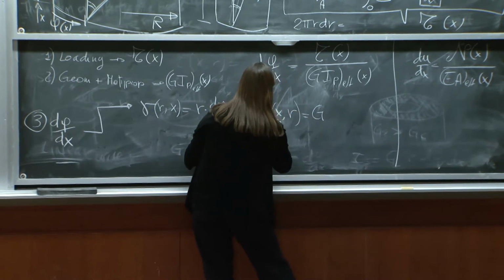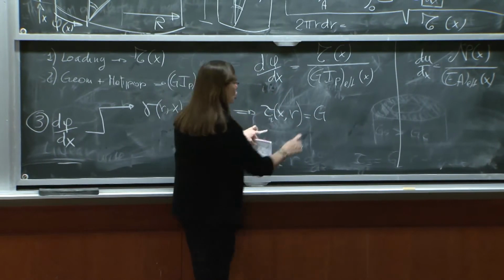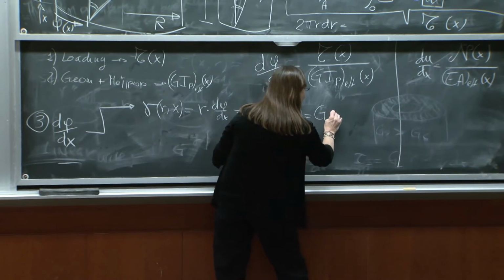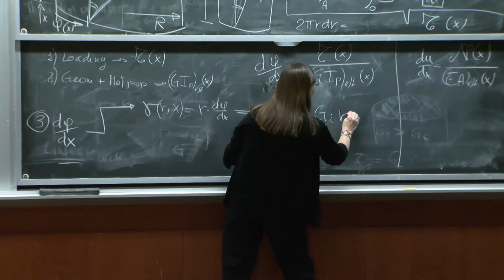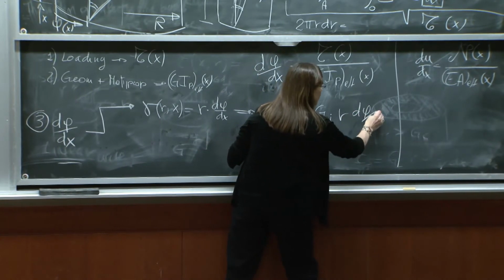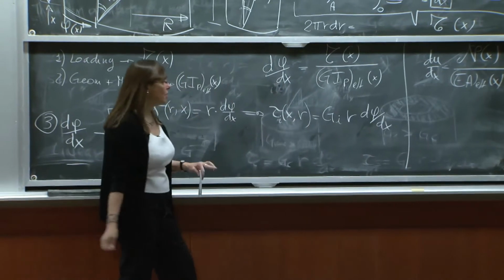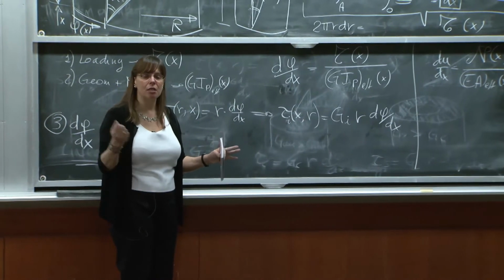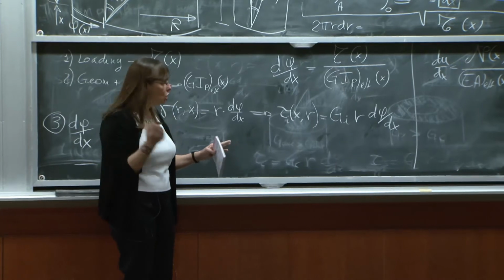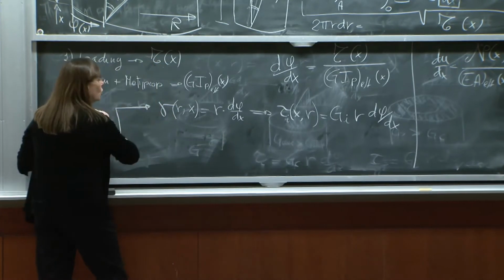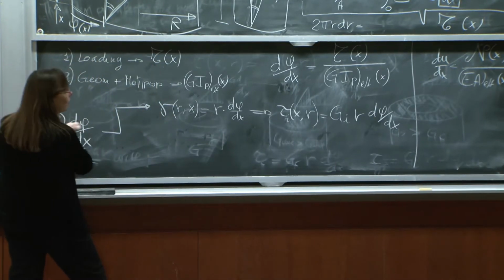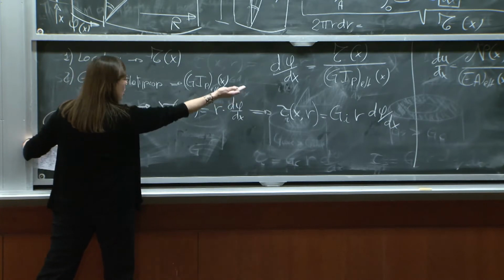So the tau in material i is going to be G of material i times r d phi dx. This is the same as when you were doing stress equals Young's modulus of the material times du dx. So out of d phi dx, one path gives you the strains and the stresses.